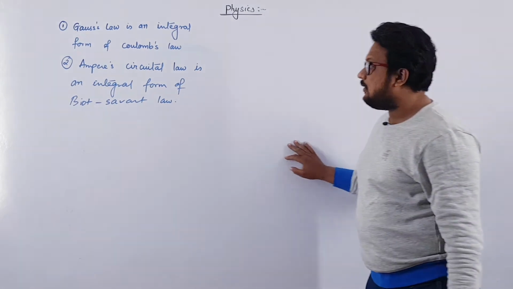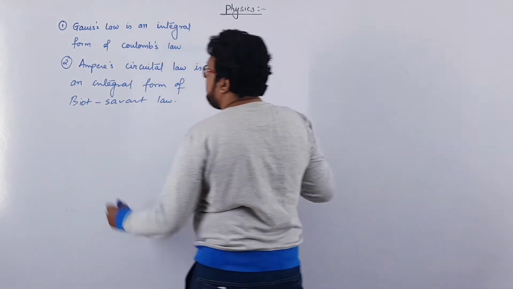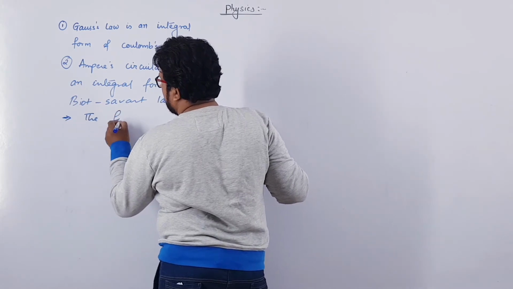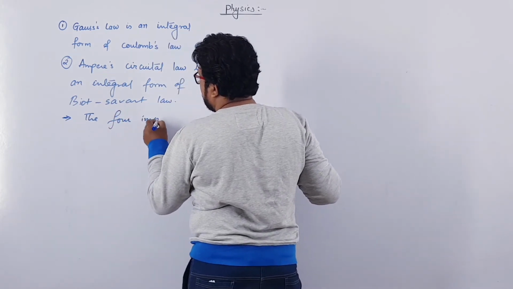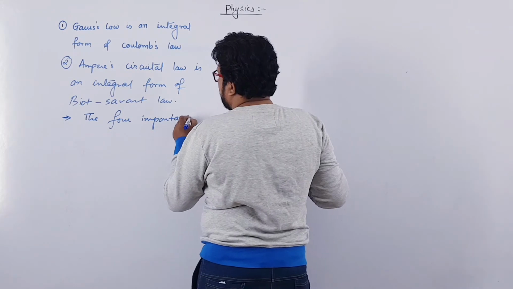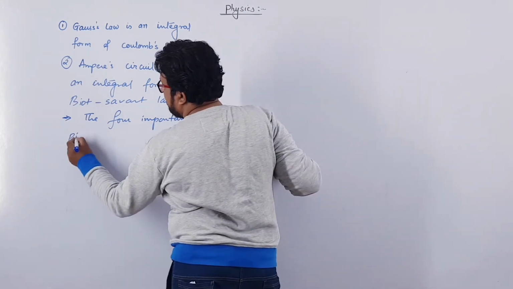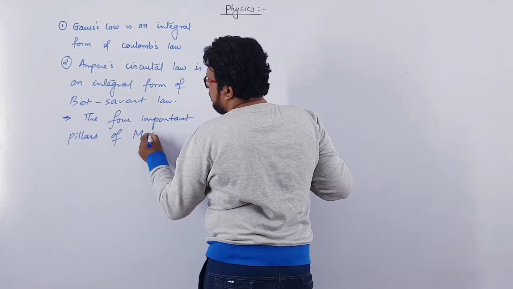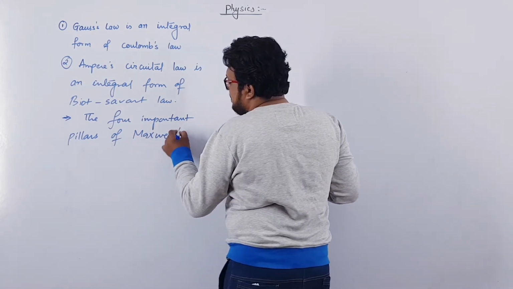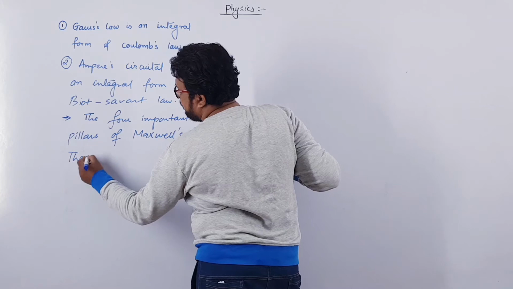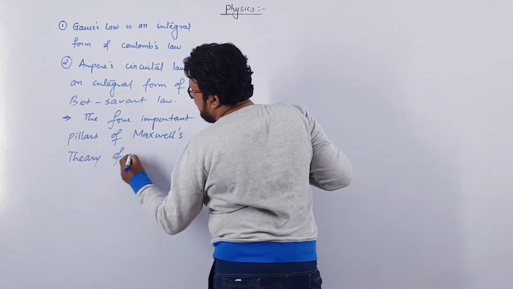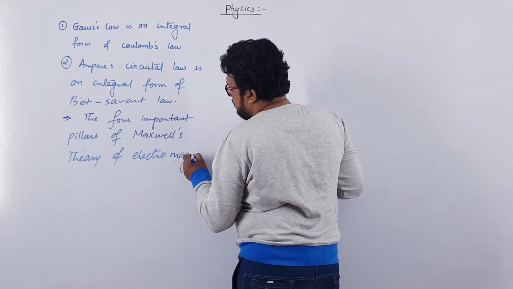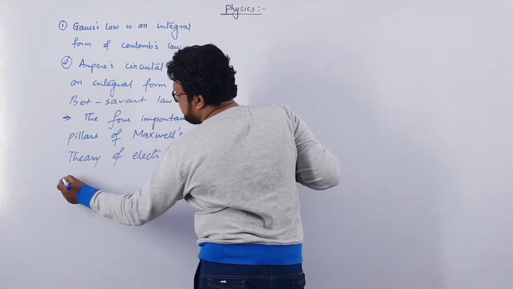right? The four important pillars of Maxwell's theory of electromagnetic radiation.